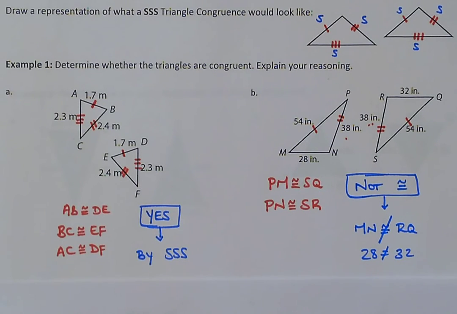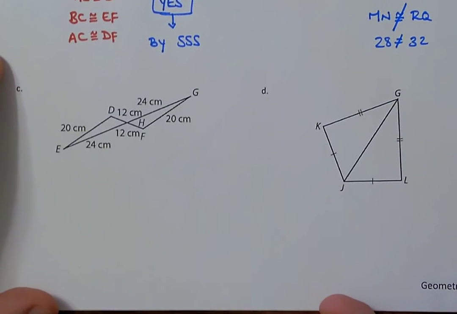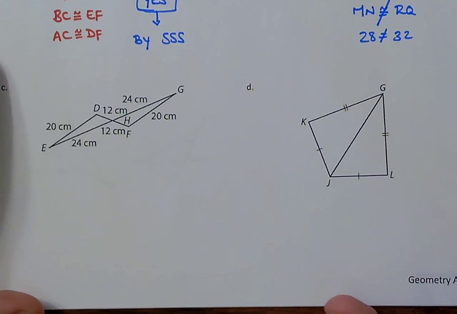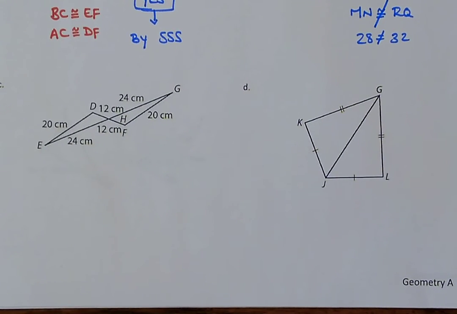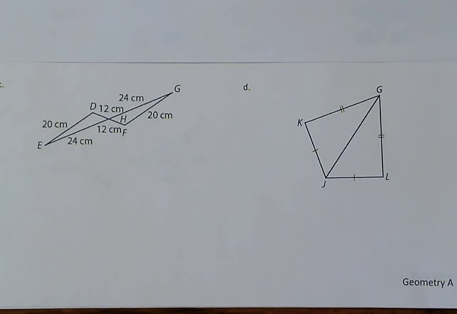I do want to run through parts C and D just to give us more exposure to it and to see more, and then we'll move on to examples 2 and 3. All right, so parts C and D are just like what we talked about with parts A and B, where we are going to determine if the triangles are congruent.